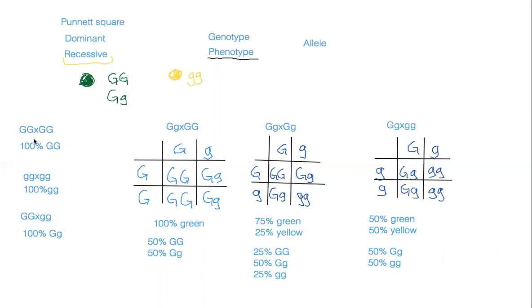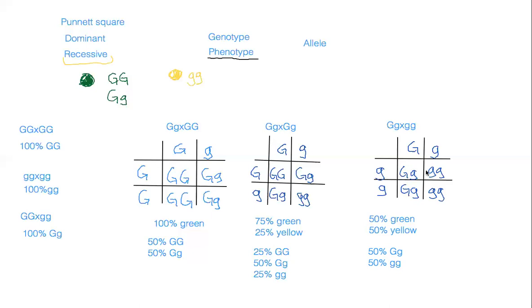Either all of them will be the same, like these three. Very boring, very straightforward. Or you can have a little more fun in this process. As you may tell, the recessive one is never going to be the most probable outcome. 50% is the top.